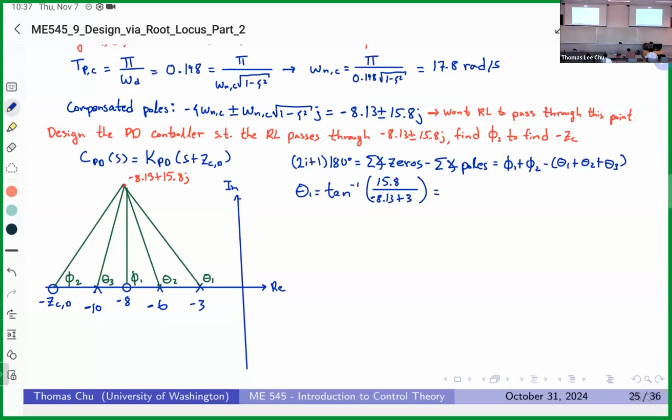If I plug this into my calculator, I get 15.8 divided by negative 5.13, and that gives me a negative angle. But this is a quadrant 2 angle, because we have a positive height but a negative x component. The angle given is a quadrant 4 angle, so we just add 180 degrees and we get 108 degrees.